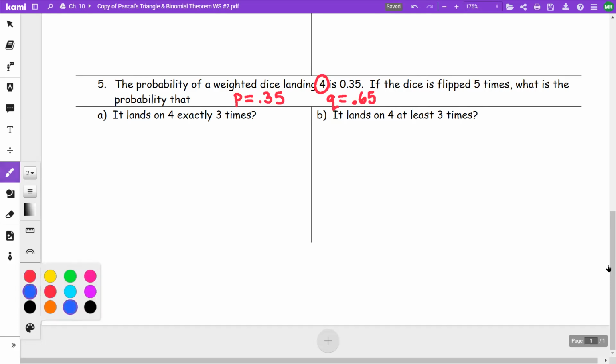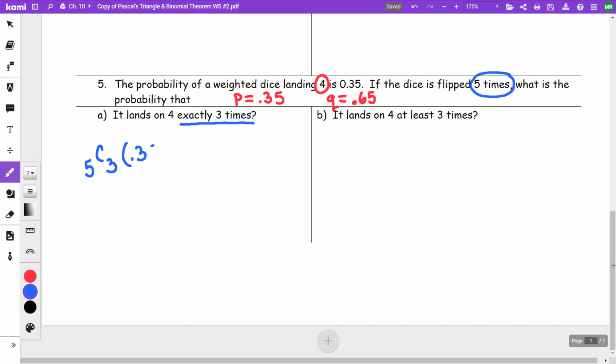Now we are doing this 5 times, and we want to get the number 4 exactly 3 times. So that's going to be 5 trials, and we want 3 of them to be 4. The probability of a 4 is 0.35, and I'm going to raise that to the power 3 because I want 3 times that I get a 4.